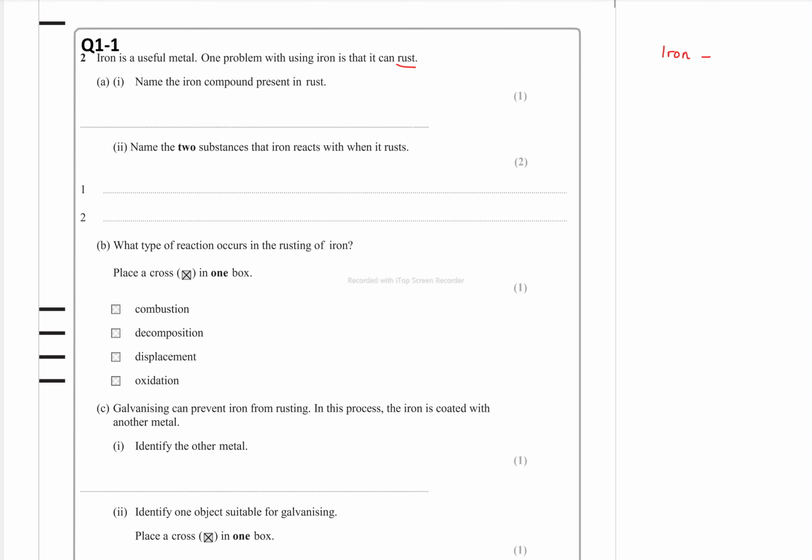So if you have iron, water, and oxygen, you end up with rust.